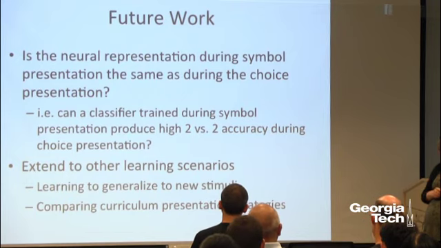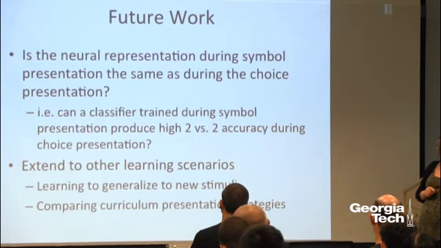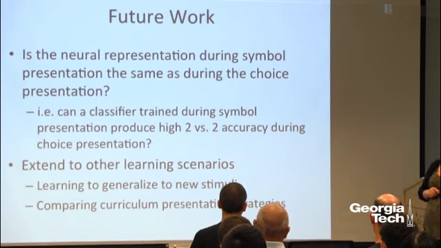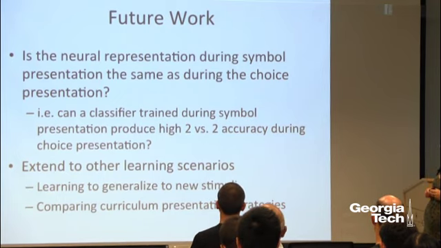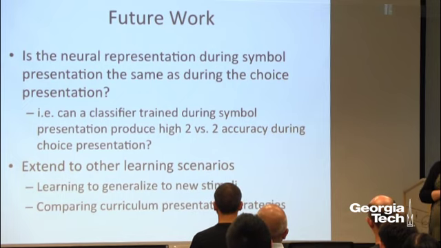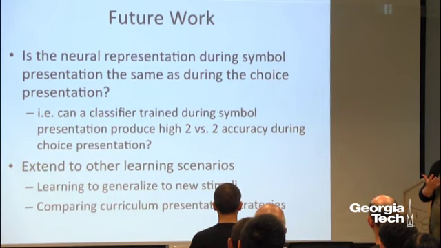I think it would be interesting to test what representations look like when people are learning to generalize to new stimuli. So if you'd never heard of a zebra, and I told you that a zebra is a horse with stripes, what does your learned representation for a zebra look like? And we can also talk about different ways to do curriculum presentations. Is there a way to present trials in a particular order so that it helps people learn?